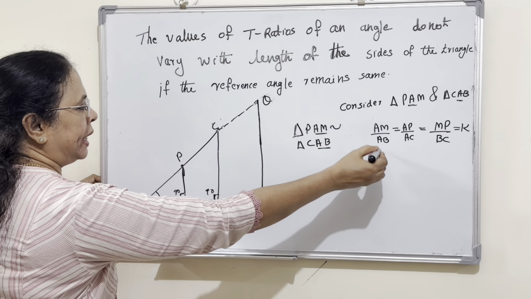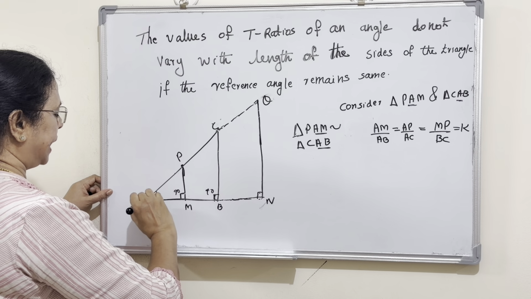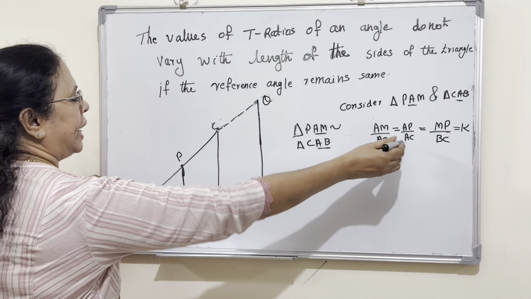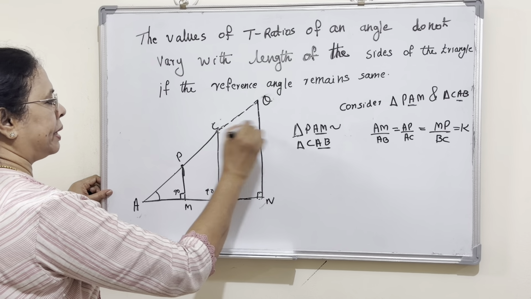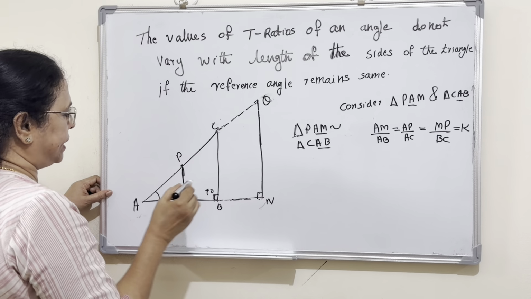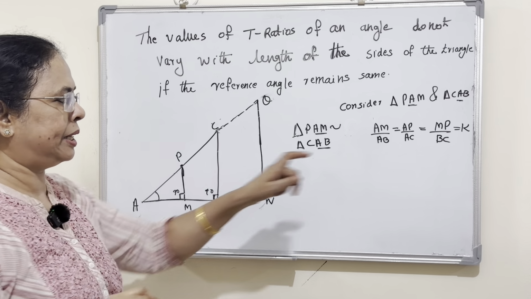So AM by AB equals AP by AC. AP is the hypotenuse of this small triangle, and AC is the hypotenuse of the big triangle. AM by AB is equal to AP by AC equal to PM by CB.